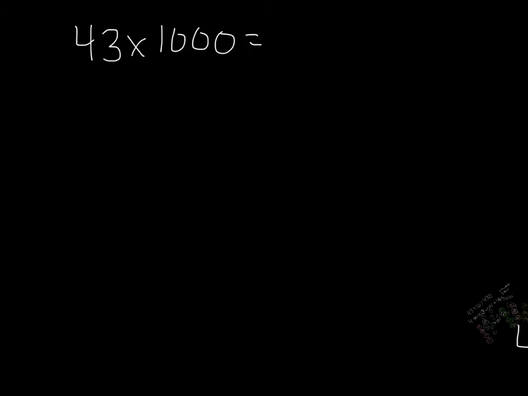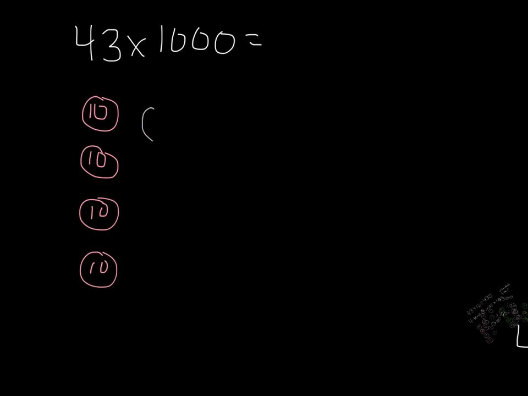So in 43 times 1,000, we still have 4 tens to start with, and we still have 3 ones to start with. But this time we're doing it times 1,000, and that means that we actually need to move them 3 places. 10 times 10 is 100, times 10 is 1,000, times 10 is 10,000.